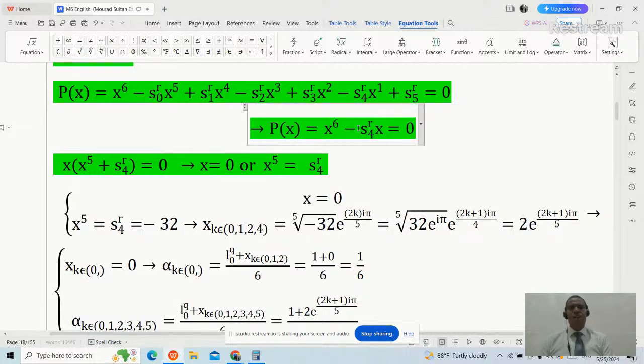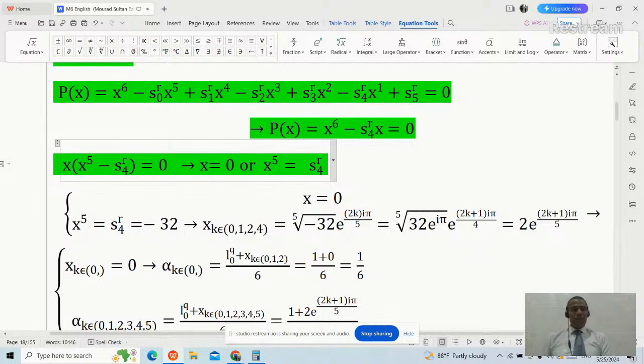Because this is the formula, it will be x equals 0 or x raised to the power 5 minus S4 equal to 0. So when you transfer this one, it carries a negative sign and becomes positive. Now I will continue, learners.